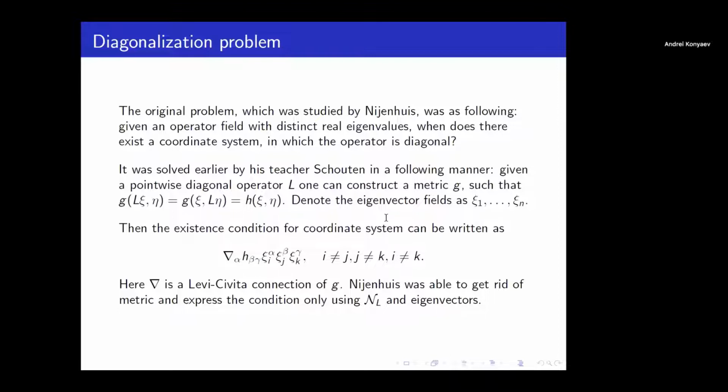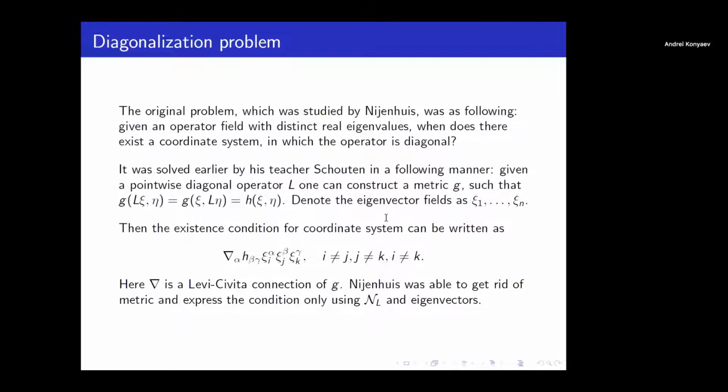If you come up with the eigenvector fields, you come up with the lines along these vector fields. So you split the entire neighborhood of a point into lines. You have drawn something which looks like a coordinate system. And the question is when it is a coordinate system, right?